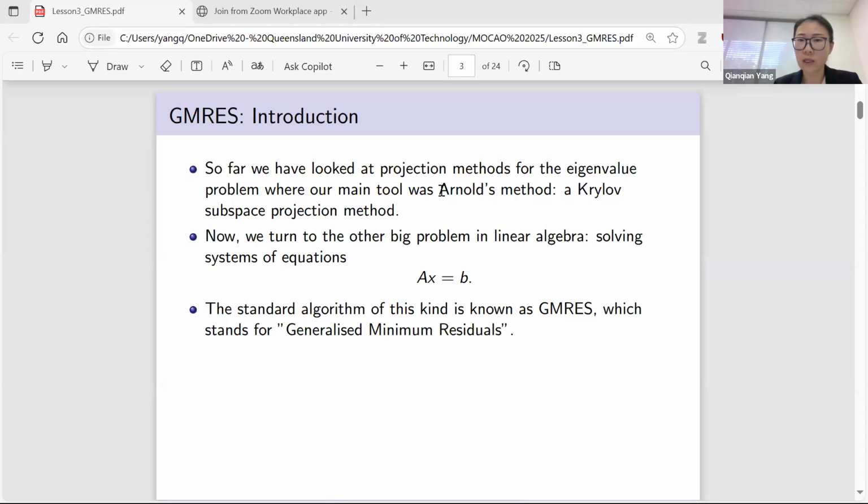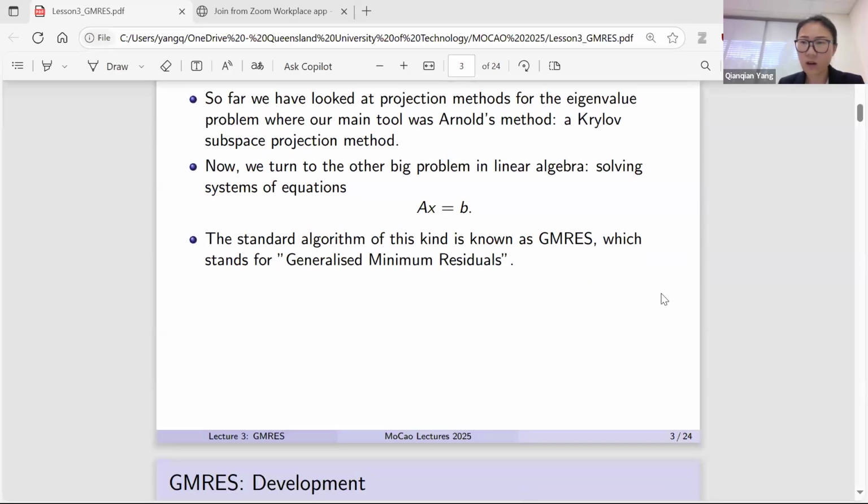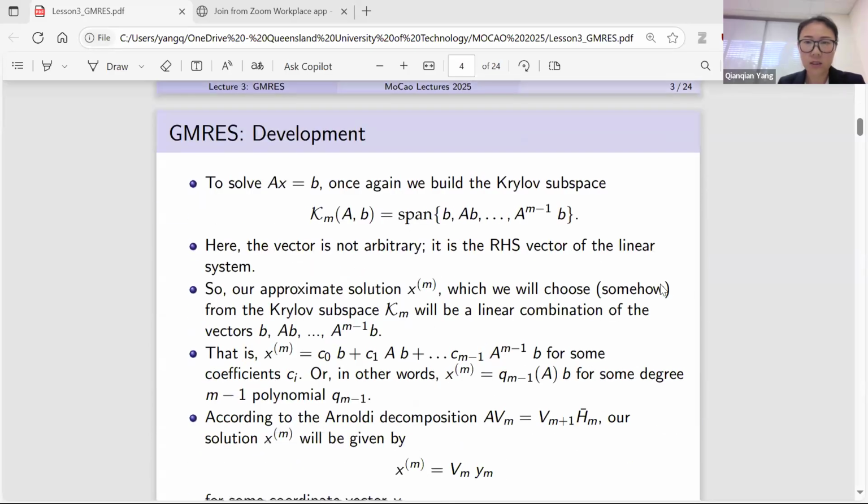We know that the Arnoldi method is quite good at capturing eigenvalue problems. Now let's see if we can also use it to solve Ax = b. GMRES stands for generalized minimum residual.